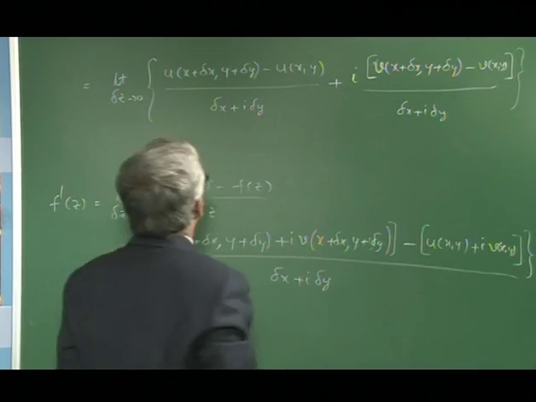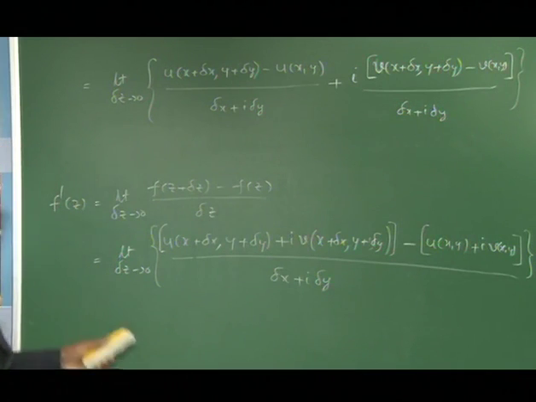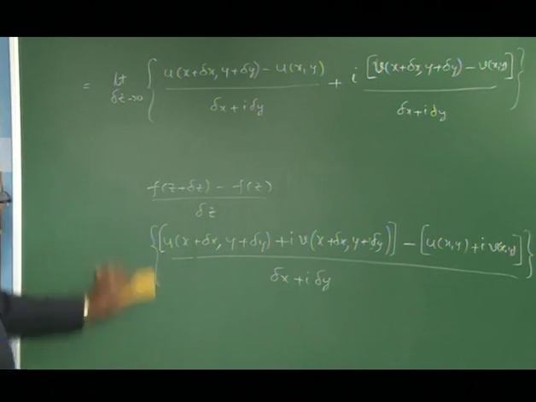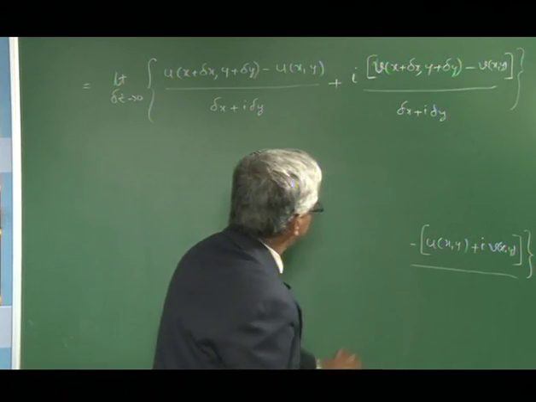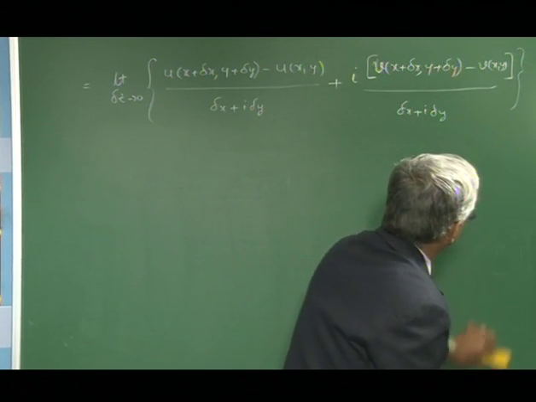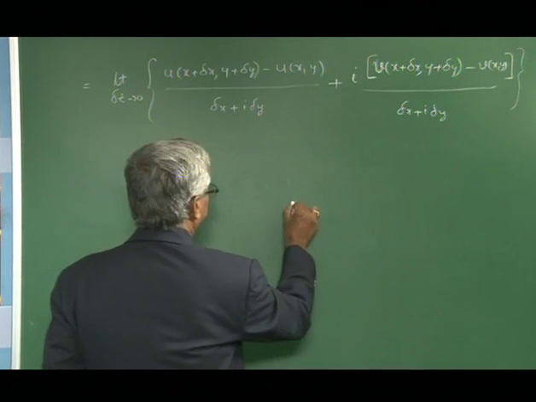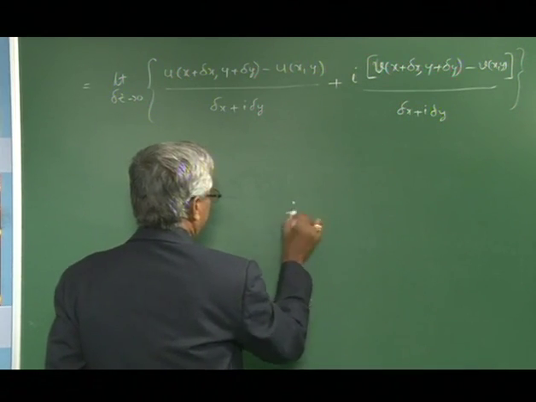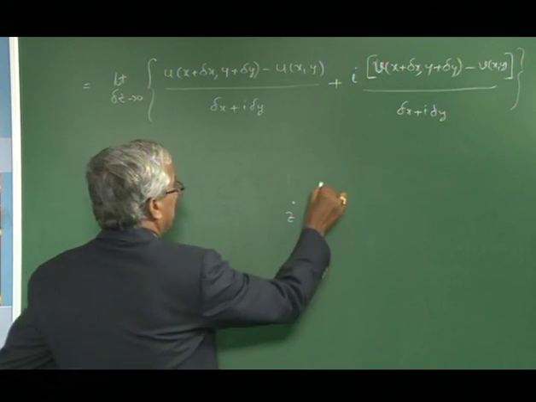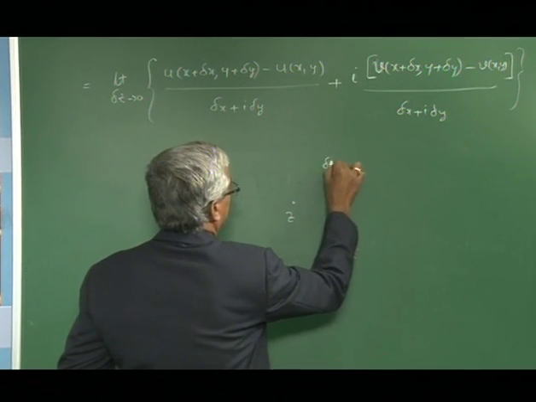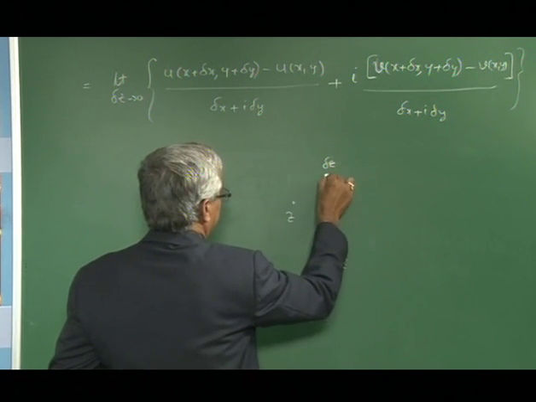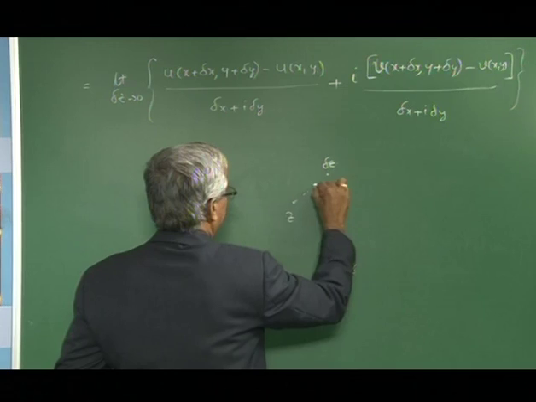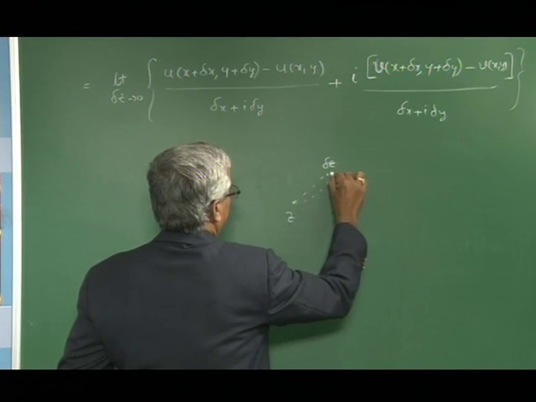Now the limit delta z tends to 0 means we have to take this limit like this. Z is any point in the complex plane, and delta z approaches this point. This approach will be independent of path.